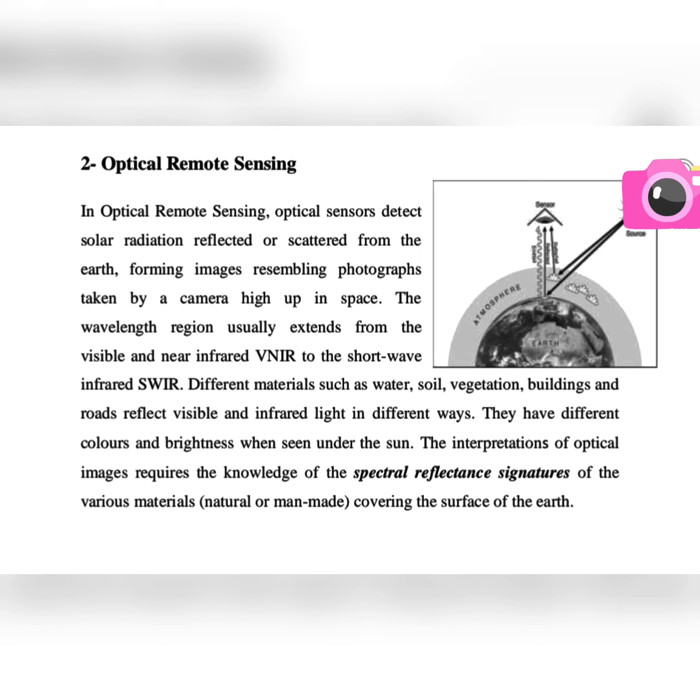Different materials such as water, soil, vegetation, buildings, and roads reflect visible and infrared light in different ways. They have different colors and brightness when seen under the sun. The interpretation of optical images requires the knowledge of the spectral reflectance signatures of the various materials, that is, natural or man made, covering the surface of the earth.